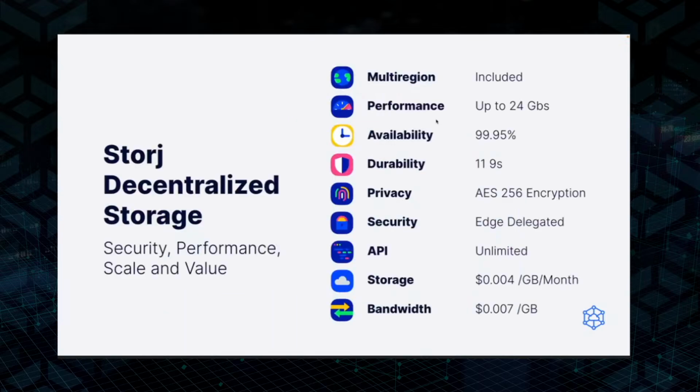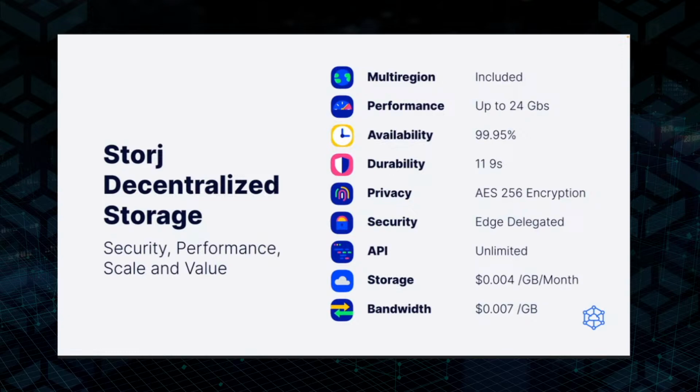The differentiator with Storj is that it is multi-region. Typical storage providers like Backblaze have your data in one data center. If, say, a hurricane wipes that entire data center out, your data is gone with it. With Storj, you get multi-region for free.